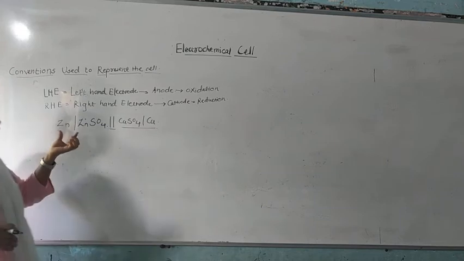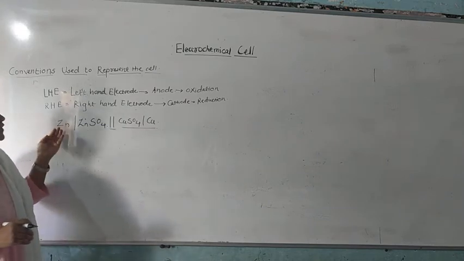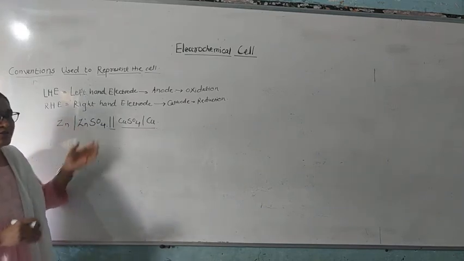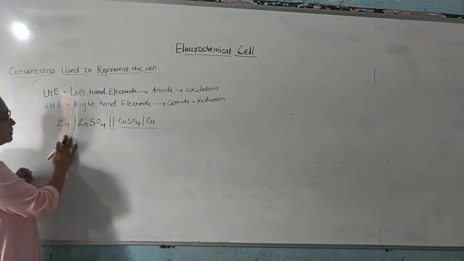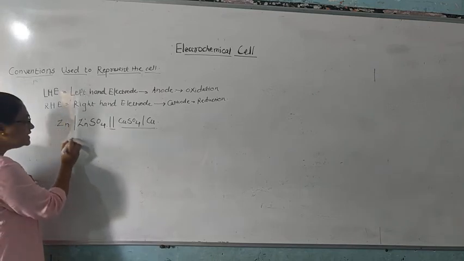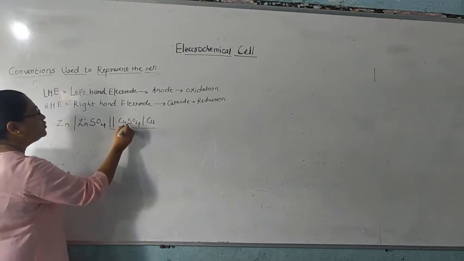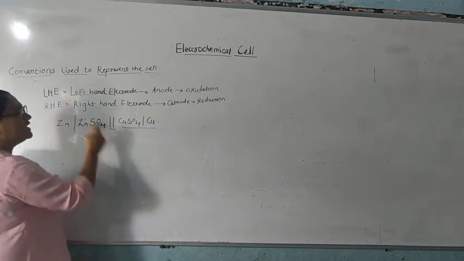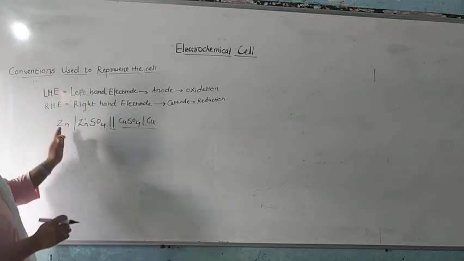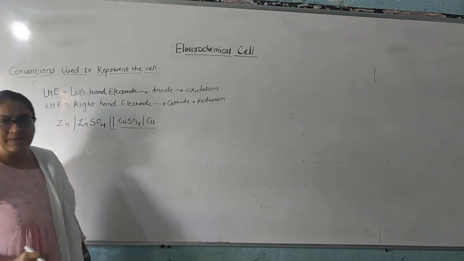On the left hand side, first the metal and then its salt solution. Why is it written so? Because here zinc is dissolving in zinc sulfate, while here copper 2 plus is deposited on copper. Hence such representation is there. This is actually the way of representation.